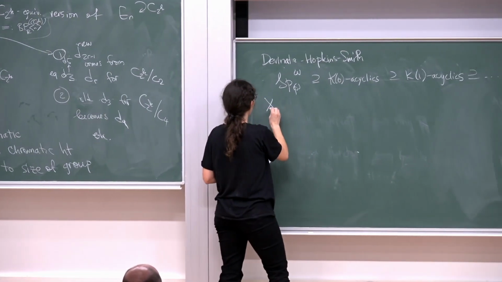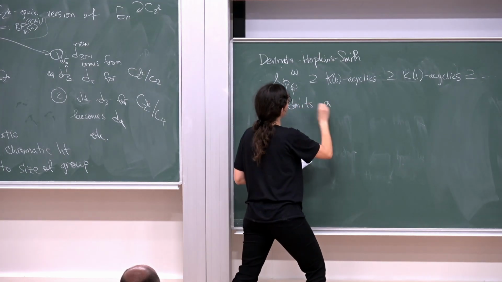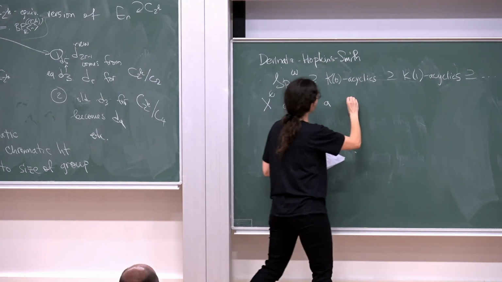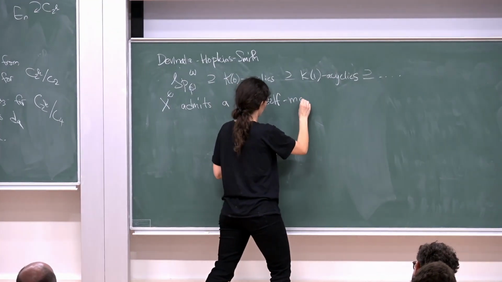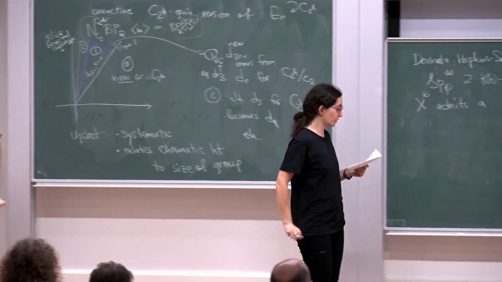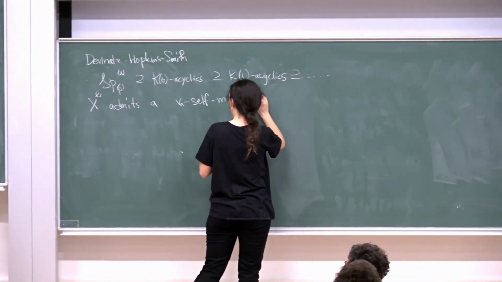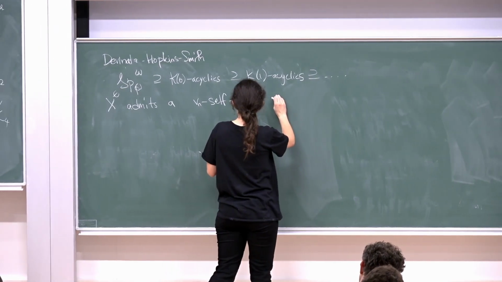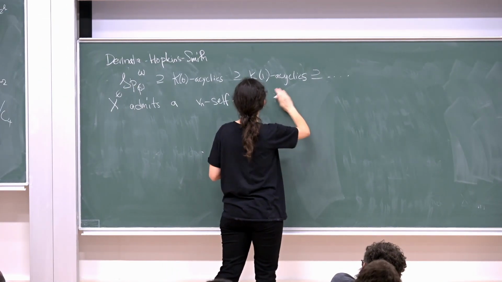There's a characterization for things that are in one of these but not the other. X admits a vn self-map. I guess we've seen something about such things in Mark's talk. So what does that mean?